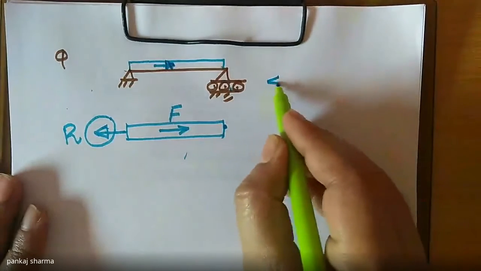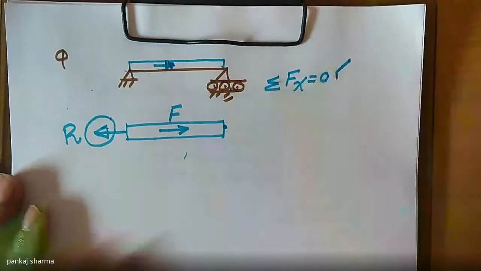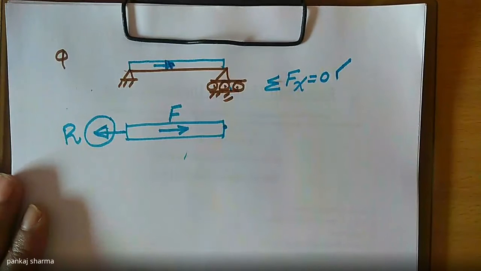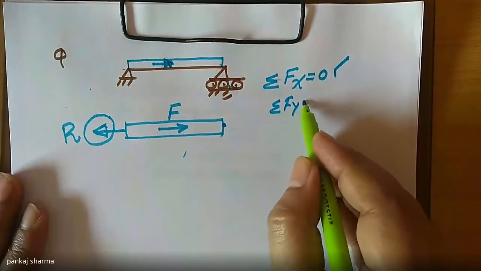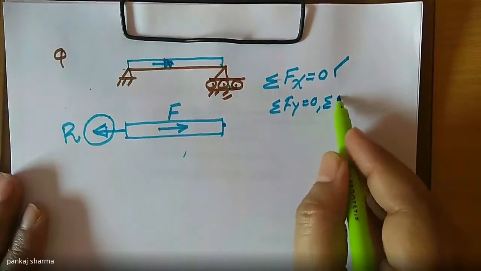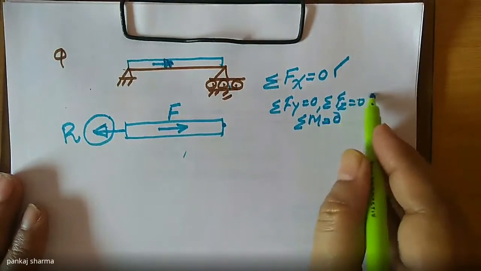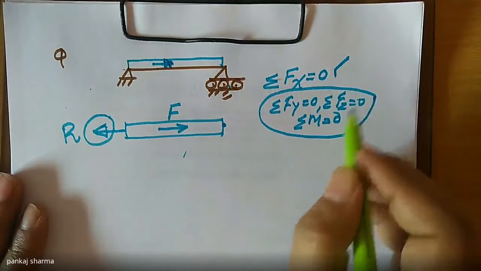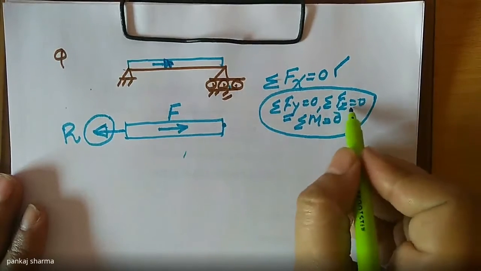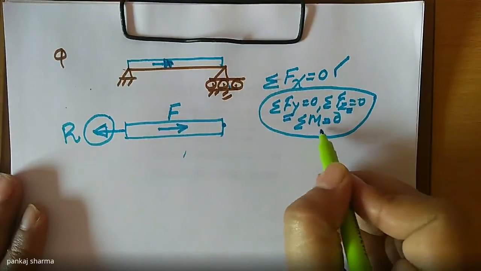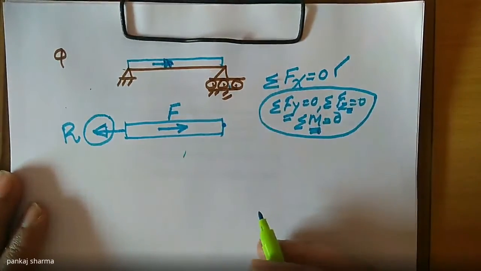So we can say ΣFx equal to 0 is useful. Yes, it is useful. ΣFy equal to 0, ΣFz equal to 0 and moment equal to 0 are all not applicable, not useful, because there is no external force along the y direction, no external force along the z direction, and no force present to try to bend this beam.